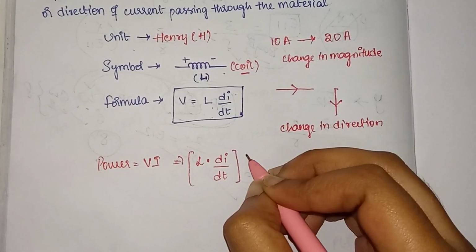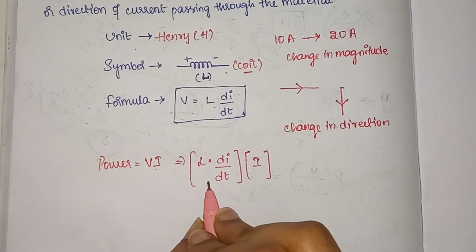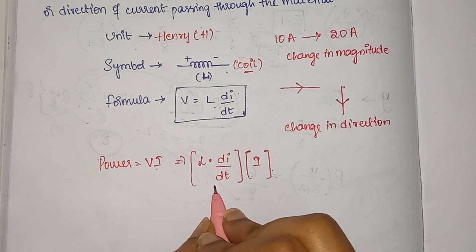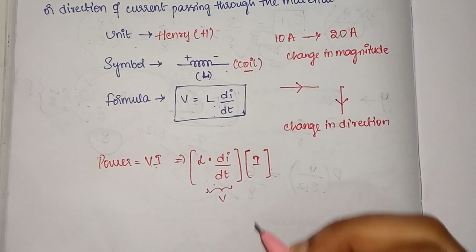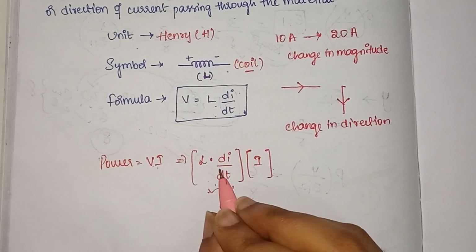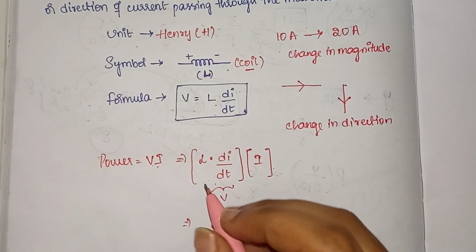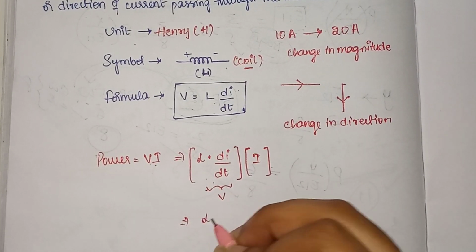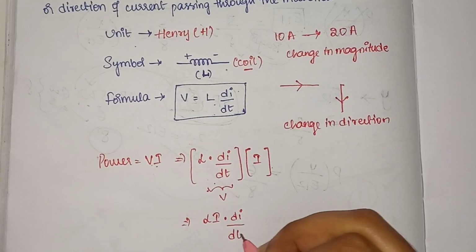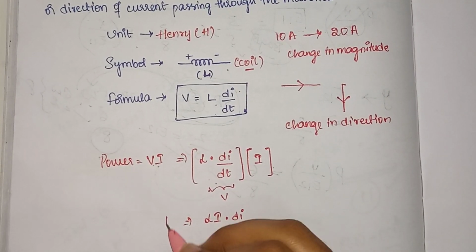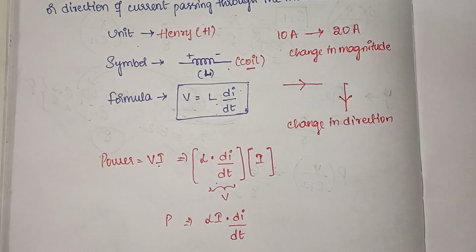This is the part of V, and in turn I have my I. I'm substituting V is equal to L into di by dt in power formula. And now I'll multiply this thing. So I'll get L i into di by dt. So this will be my power equation with regard to inductance.